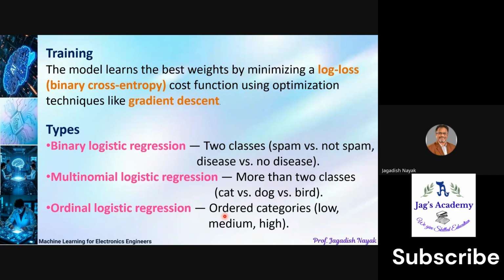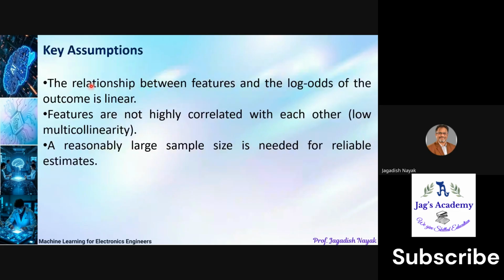Now you have to classify those patients into these three categories: low, medium, and high. It's all diabetes only, but under diabetes you have low, medium, high. In such cases, you can use ordinal logistic regression. These are the three types of logistic regression you have.